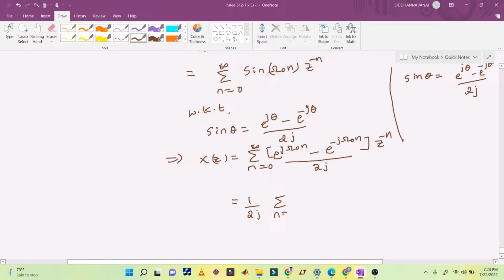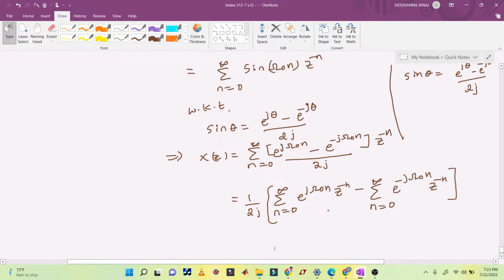Now writing the summation, n is equal to 0 to infinity e to the power j omega naught n z power minus n. I am separating out, multiplying z to the power minus n into the brackets, minus summation n is equal to 0 to infinity e to the power minus j omega naught n z power minus n. So this is what we will get.